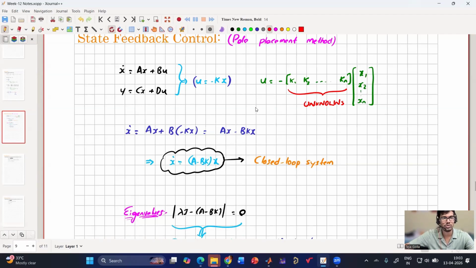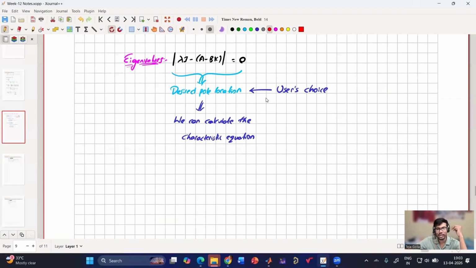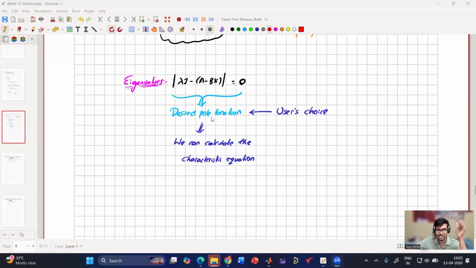So what we are basically doing is, the user is giving the desired pole locations. And from the desired pole locations, we will get the desired characteristic equation, in terms of lambda or s, and K is unknown.